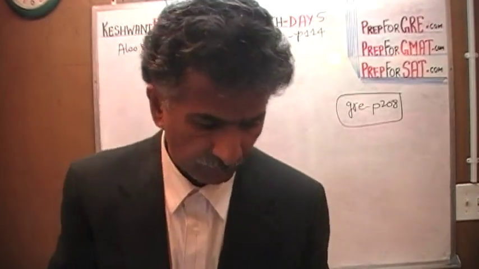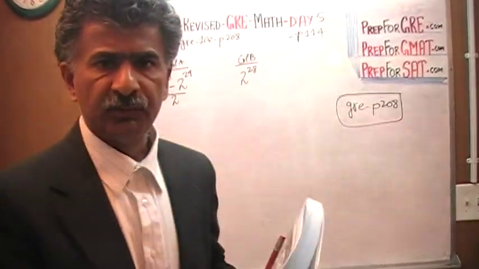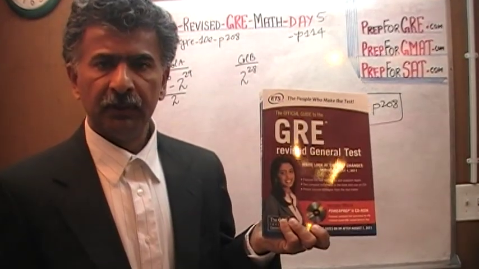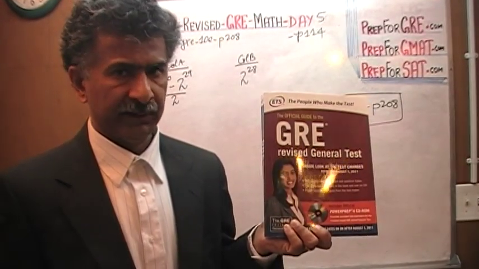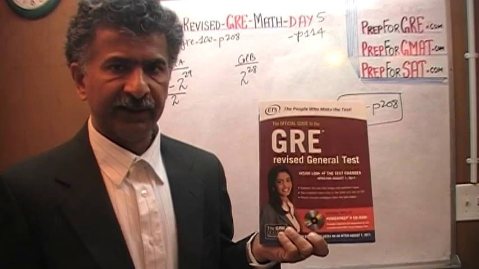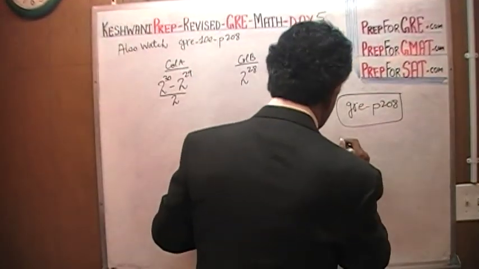You see this so-called revised GRE, a whole bunch of changes were made in the GRE exam, but the one change that they have not made is the fact that the quantitative comparison question, since I keep saying it all the time, let's put it here so you know what I'm talking about.